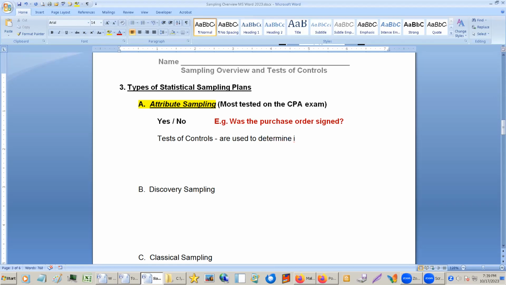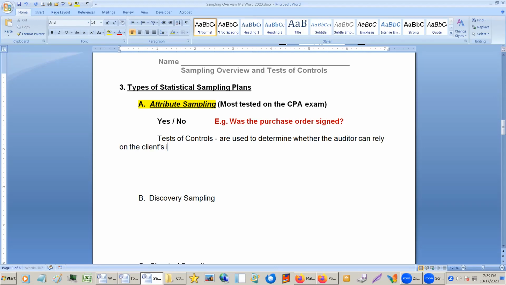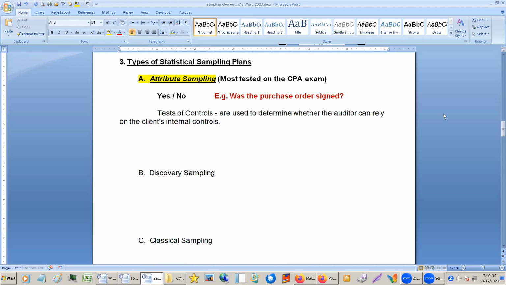Testing controls are used to determine whether the auditor can rely on the client's internal controls.